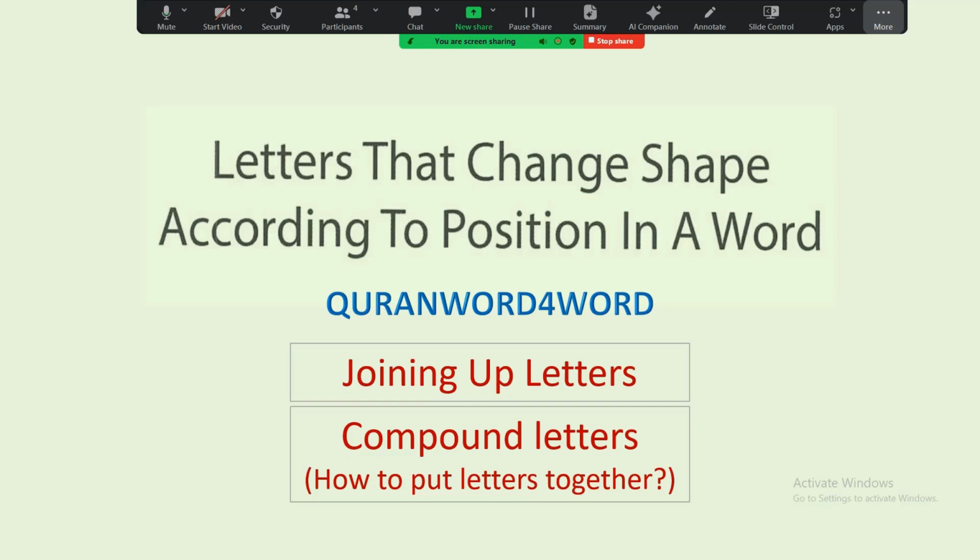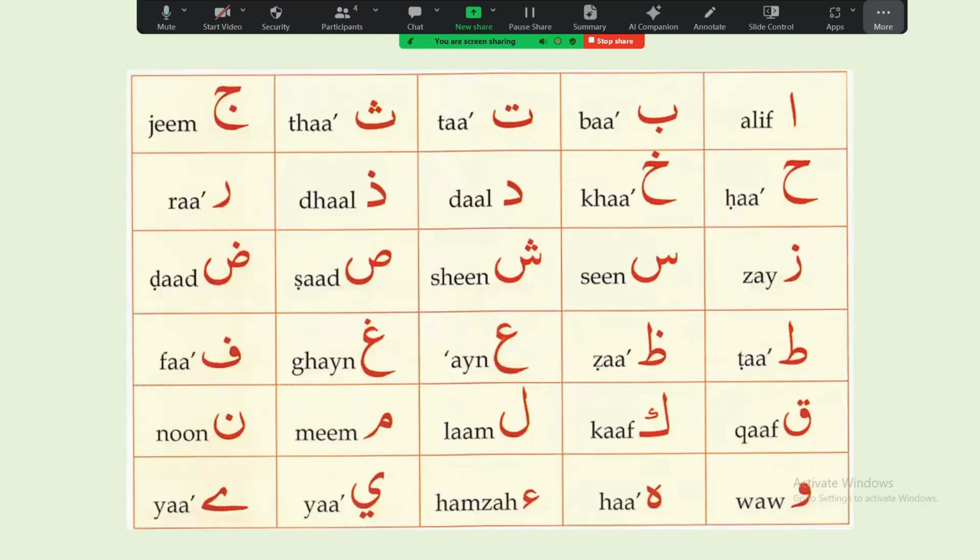Okay, so what will happen, sisters, is that in front of you, you again see all of these 29, 30 alphabets of Arabic. So for understanding today's topic, you should have memorized all of the Arabic alphabets by their names on your fingertips, right?